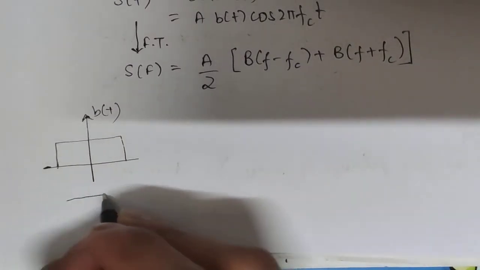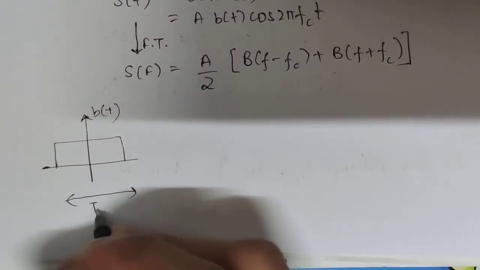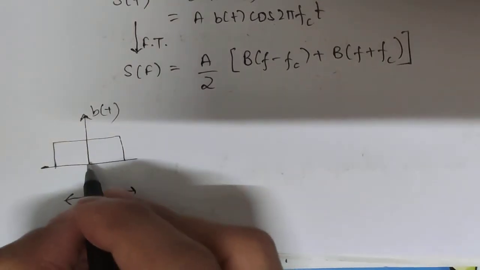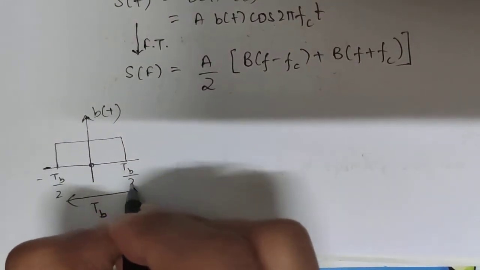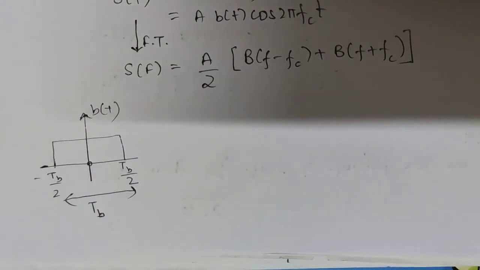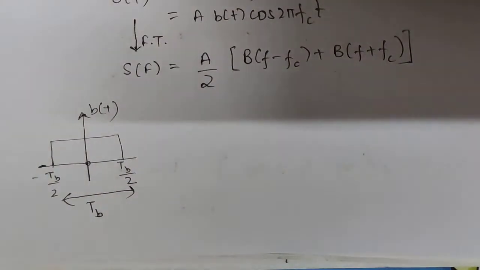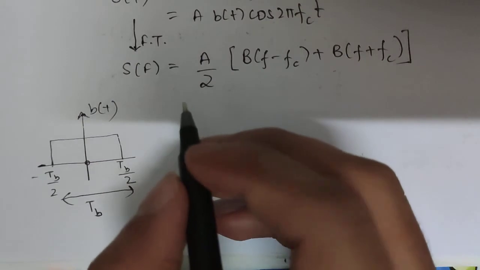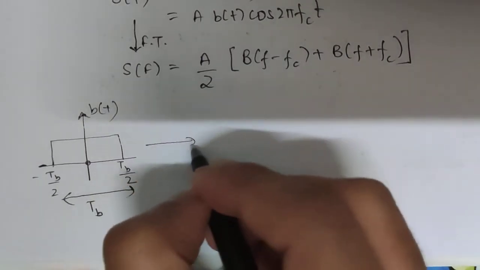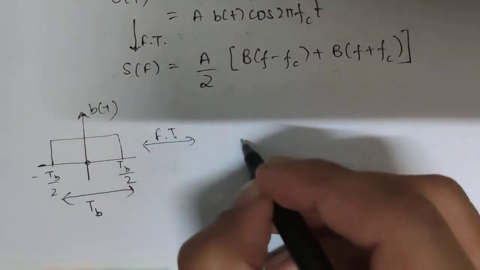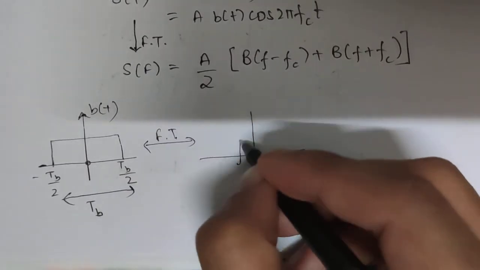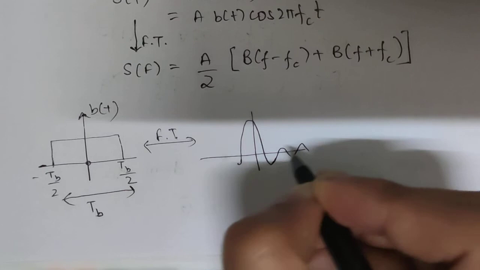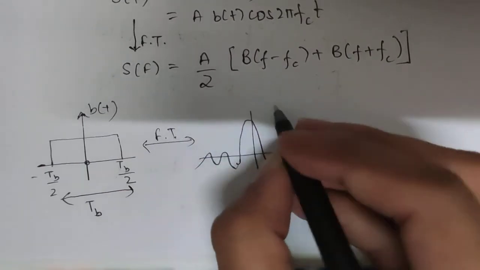So 1-bit time period is TB, from minus TB by 2 to plus TB by 2. Now if I take the Fourier transform of this, a Fourier transform of a rectangular pulse is a sinc pulse. This is my sinc.